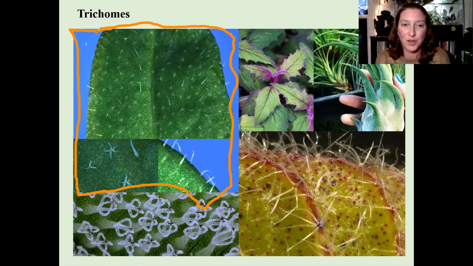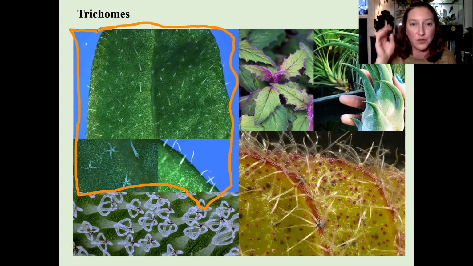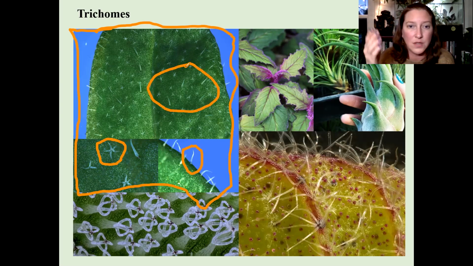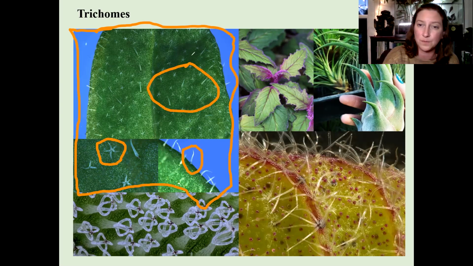I took those pictures during my dissertation work, and what's cool about that species is there are two types of trichomes on one leaf. There are these star-shaped trichomes, and then these spiky trichomes on one leaf. Look, here's one leaf, and if I do a circle, you see star-shaped ones and spiky ones.